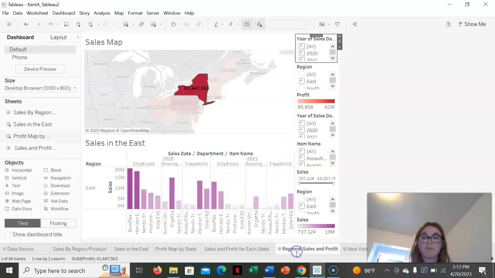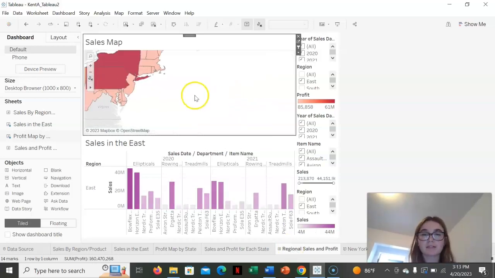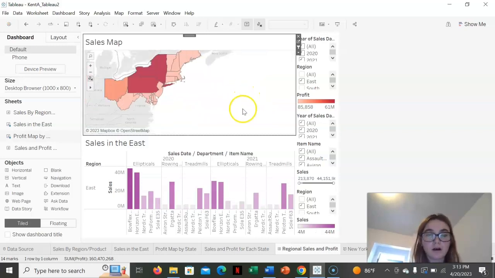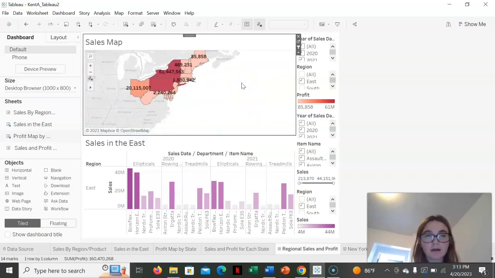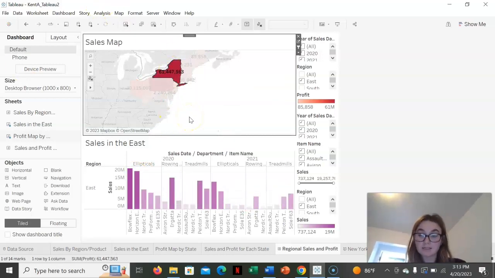And so then we're going to move on to my dashboard, which throughout my dashboard, I have it linked with filters to where you can access all these. You could click on a state and it'll show you the statistics down here for the amount of sales for the item and department. So I began clicking on New York because it had the highest, as you can see in the other visuals and sheets.